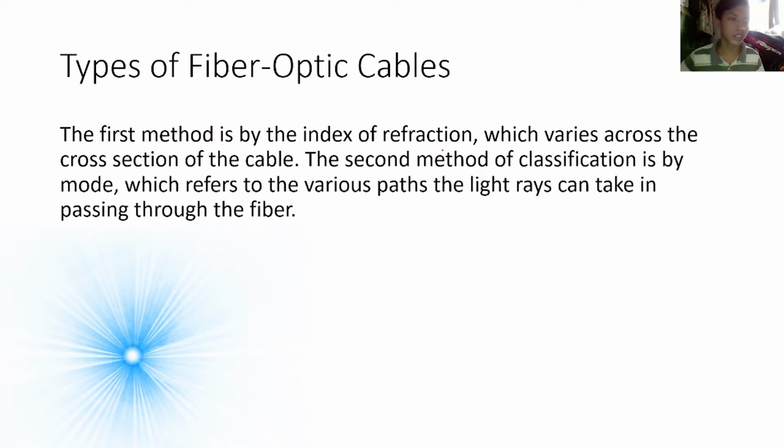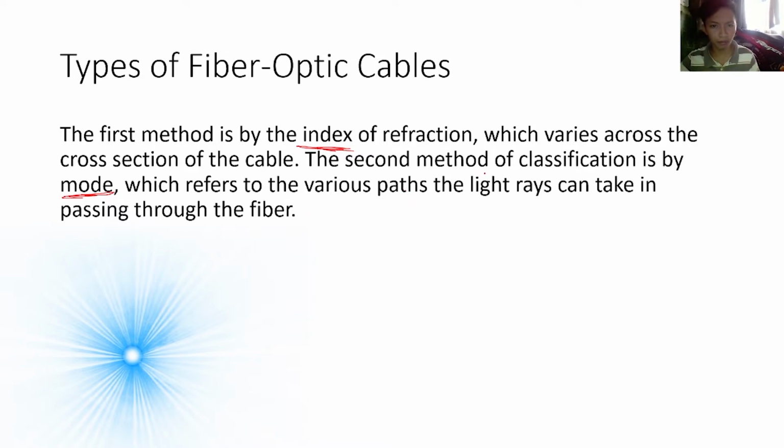Okay, so the types of fiber optic cables. The first method is by index of refraction. So in my preceding slide, you will notice this word in the name, which varies across the cross-section of the cable. The second method of classification is by the mode. Mode can also be seen in the name, which refers to the various paths that light rays can take in passing through the fiber.